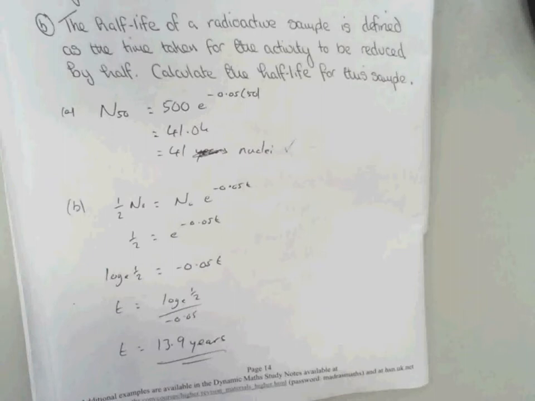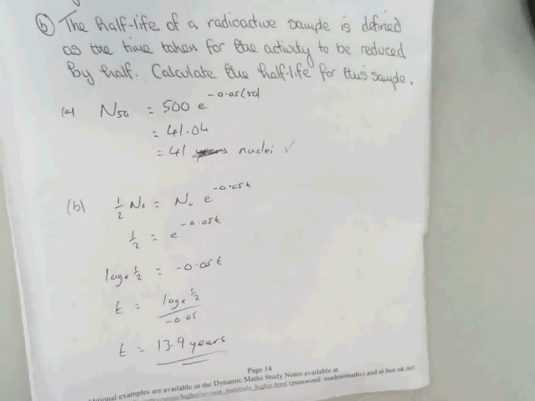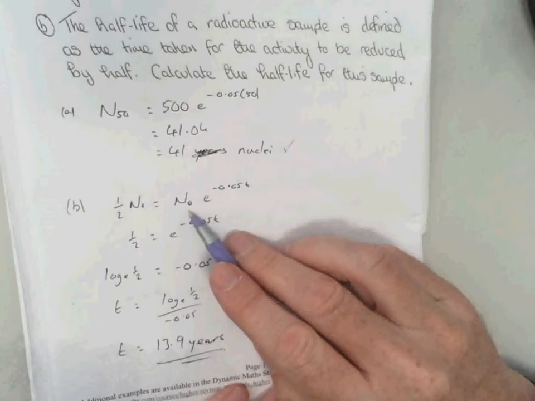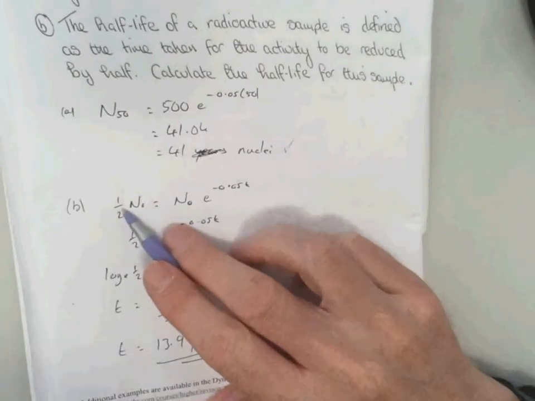Part B, the half-life of a radioactive sample is defined as the time taken for the activity to be reduced by half. Calculate the half-life of this sample. If N0 is our initial amount, what would half of that be? That would just be half N0.